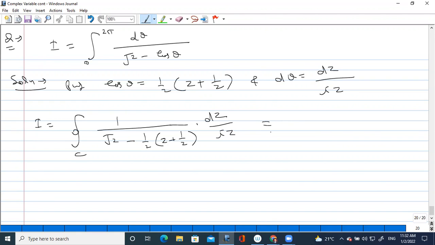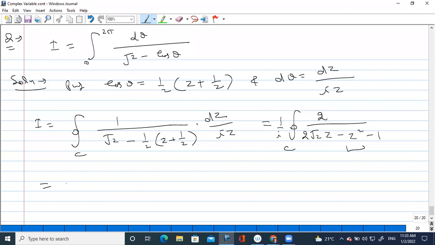The i will come outside the closed integral c, and z will be multiplied here, so it will become 1 upon 2 root 2 z minus z square minus 1, because I also take the LCM of 2 and that 2 I take here. Now because z square should be the first term, I have to take minus common here.